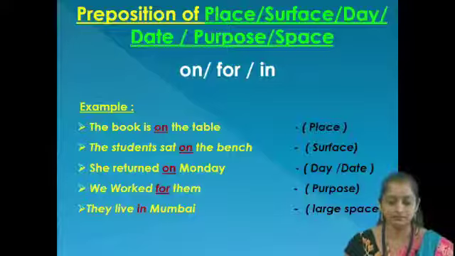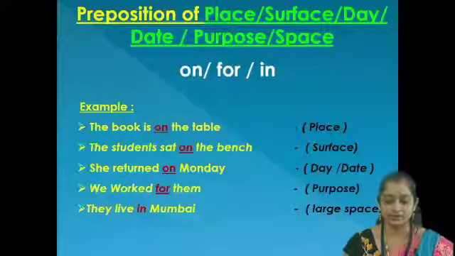Second one: the students sat on the bench. Here, the preposition is on and it indicates surface. Third example: she returned on Monday. Here, the preposition is on and it indicates day or date.